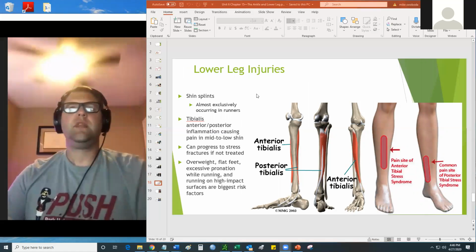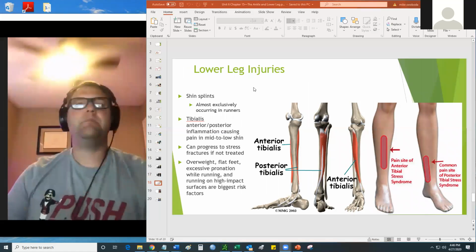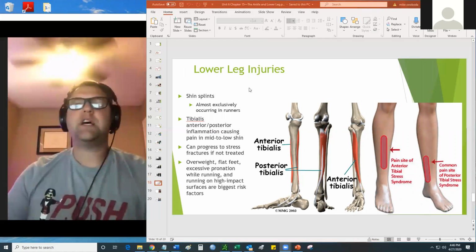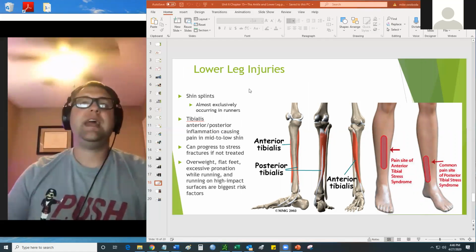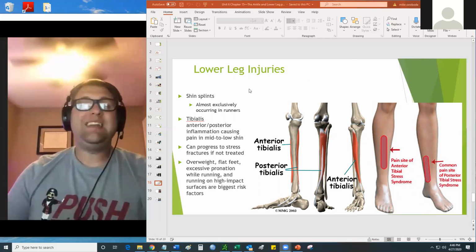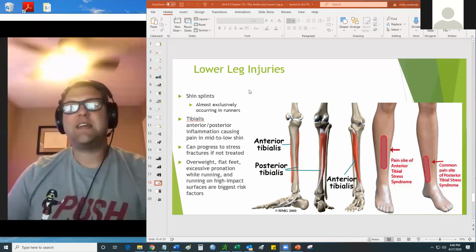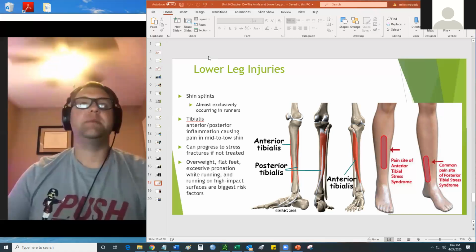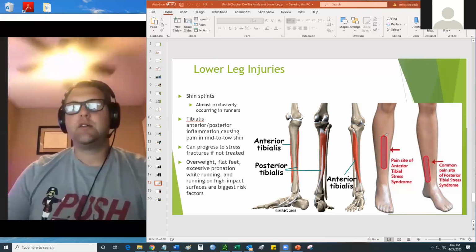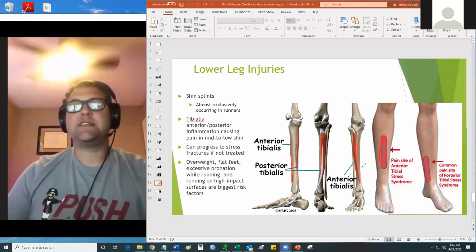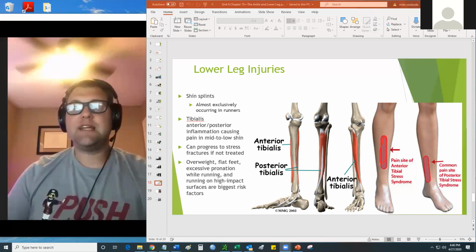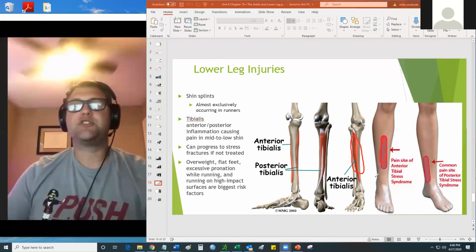If you get shin splints, which I'm sure many of you have, shin splints are just where you get really a pain or almost like a tendonitis in your anterior tibia, your tibialis anterior. So you'll usually get it on the shin itself, and that just means that the anterior tibia has a strain to it.